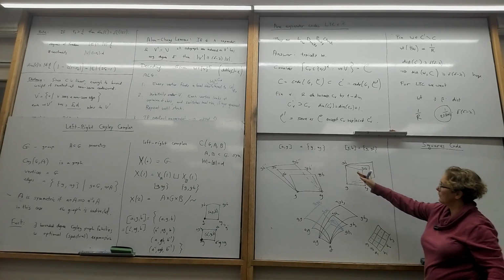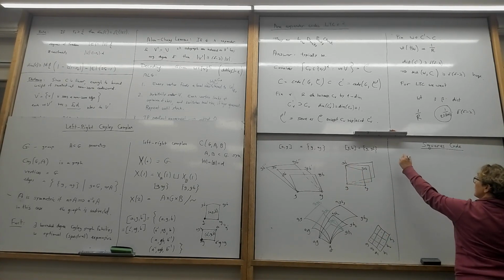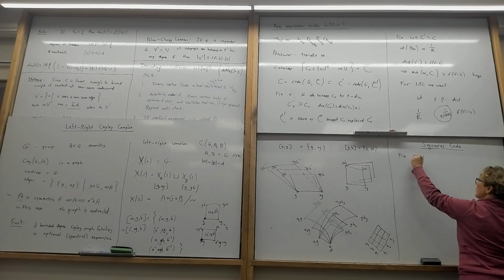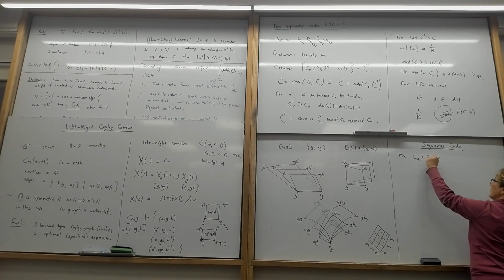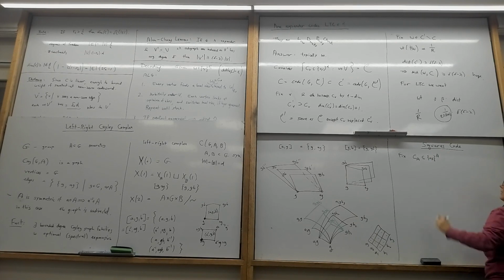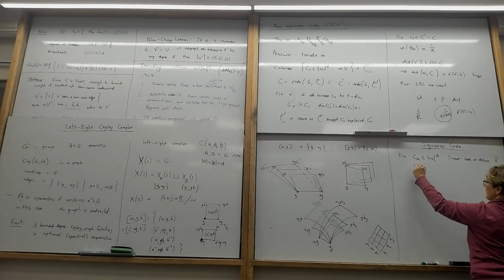Now we're going to have it around an edge. So fix some code CA, which is a subset of 0,1 to the A bits. That's a linear code with relative distance delta. And same for CB.